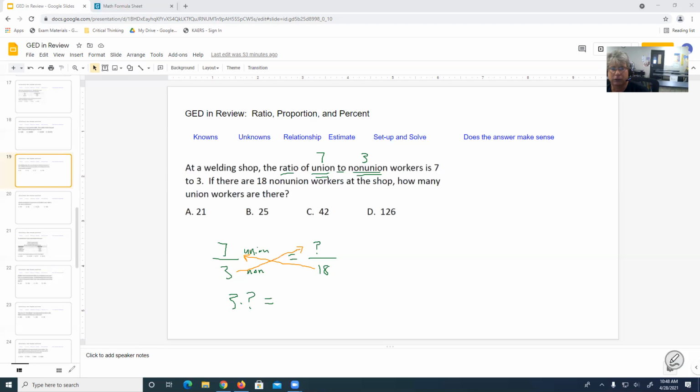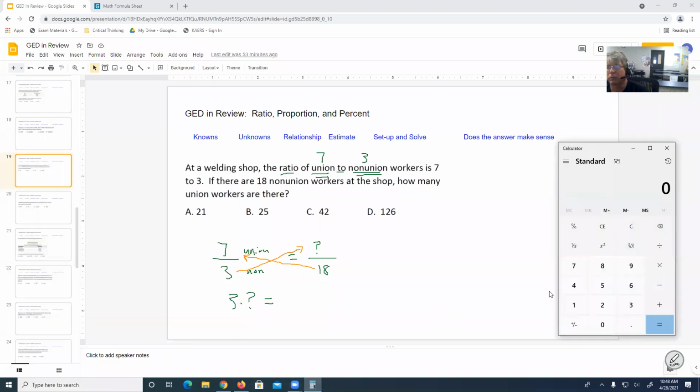Well, I'm going to need a calculator for that. I lost my calculator. Hold on. All right, come back here, calculator. So I have to multiply this 18 times 7. And that's going to give me this 126. So what I'm trying to do is figure out, 3 times what is 126.